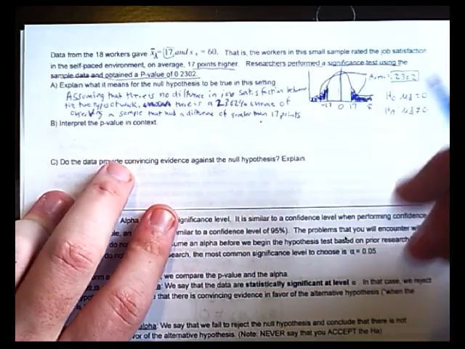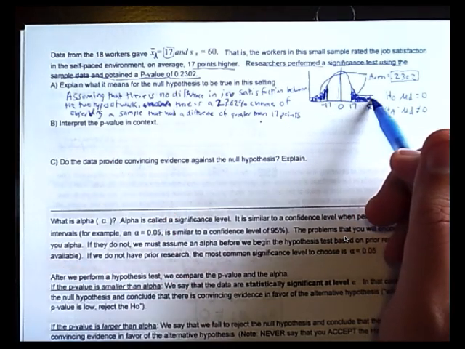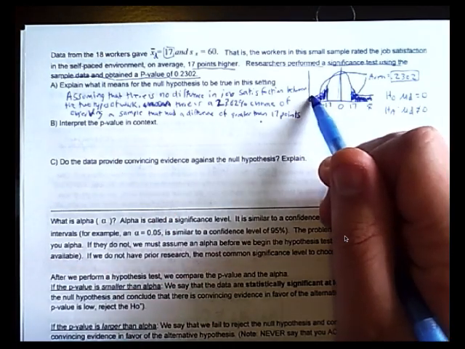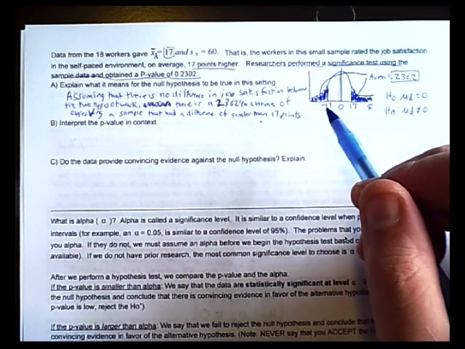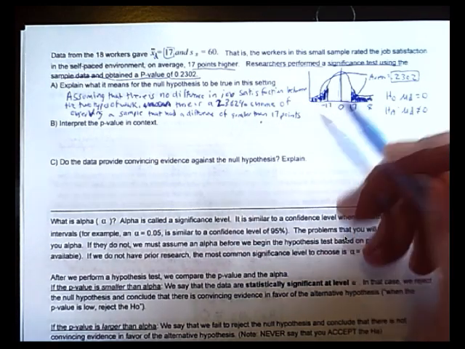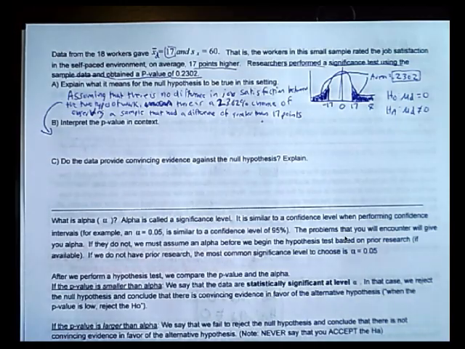So there's a 23% chance that we would observe a sample that extreme, that or more extreme. All right. And I just answered part B. That's the meaning of the p-value.